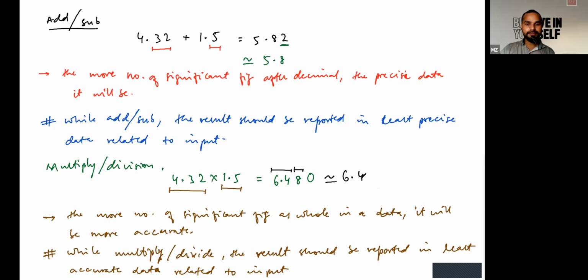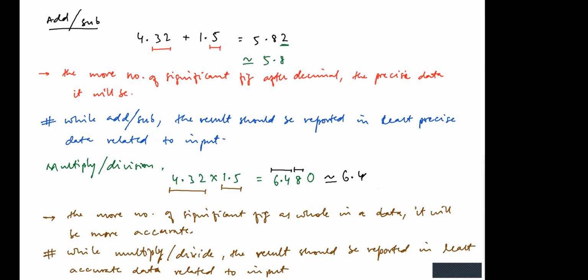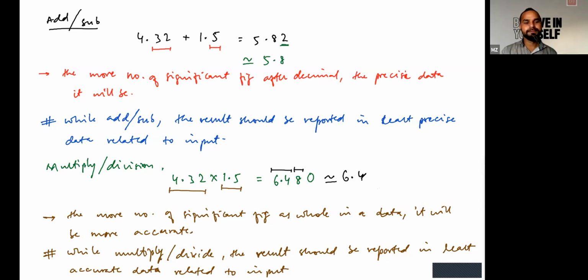Is it clear? Yes, sir. Just write it down. You may write 8 and 4 is even, so they can't be rounded off.